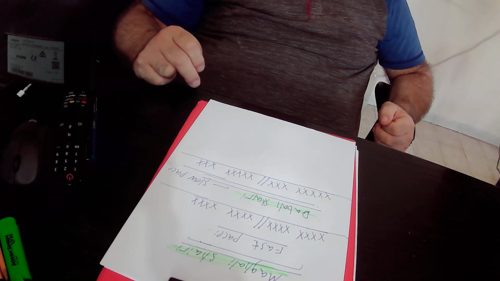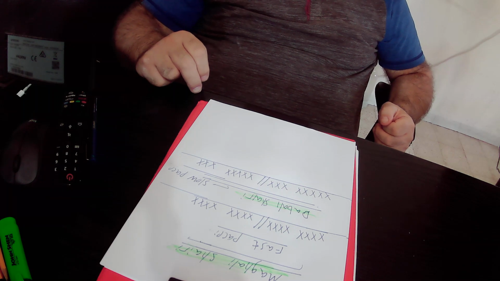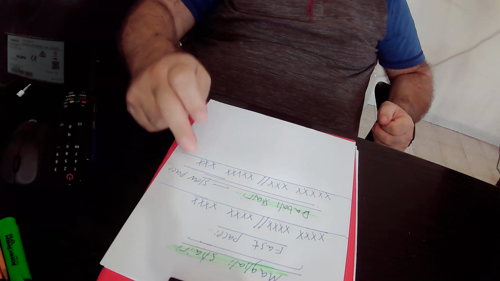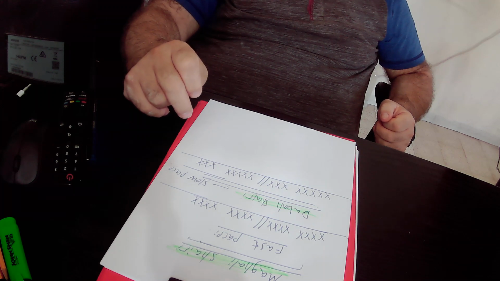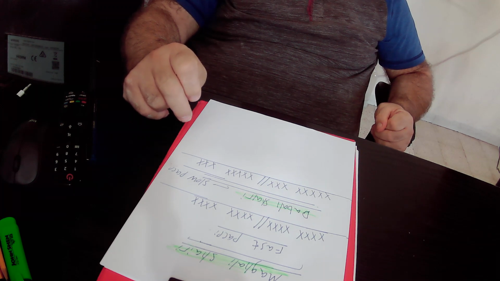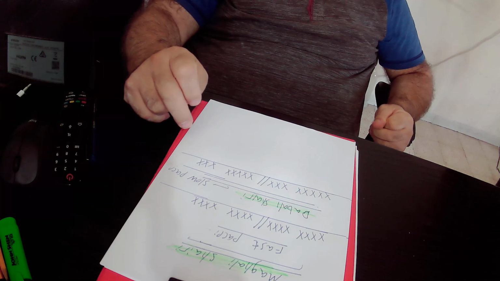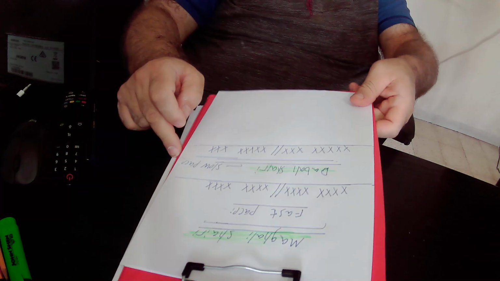Okay, so I will give you an example of a fast pace and a slow pace, and we will clarify those things according to the example.